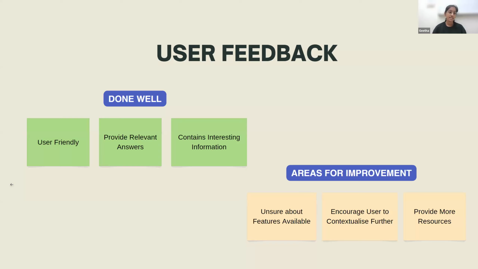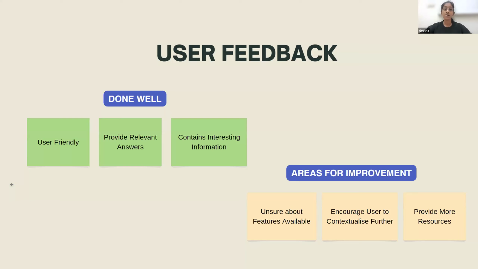So these are some of the feedbacks from them. The things that we did well according to them is that it's user-friendly, it provided relevant answers, and it contained interesting information. There was also some feedback saying maybe you can include more features, maybe have a guide on how to use the chatbot, because some teachers might need more help in navigating it.